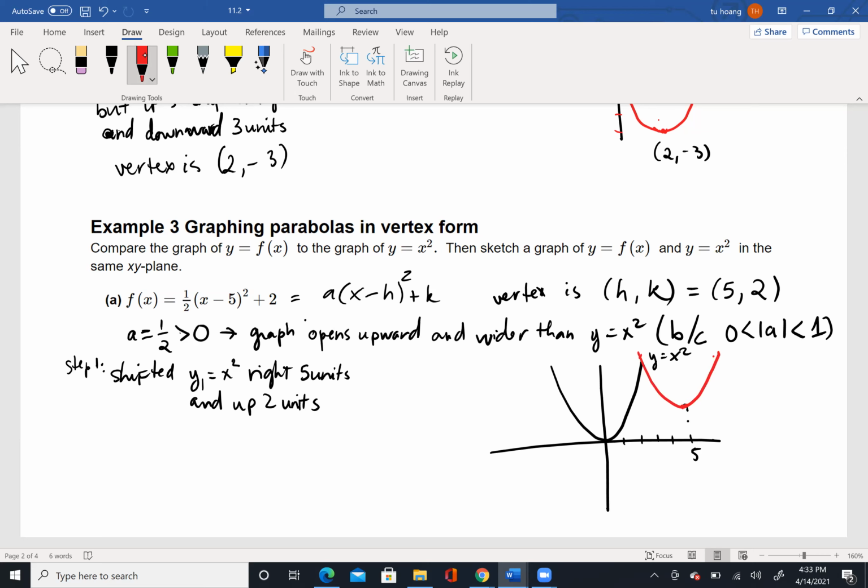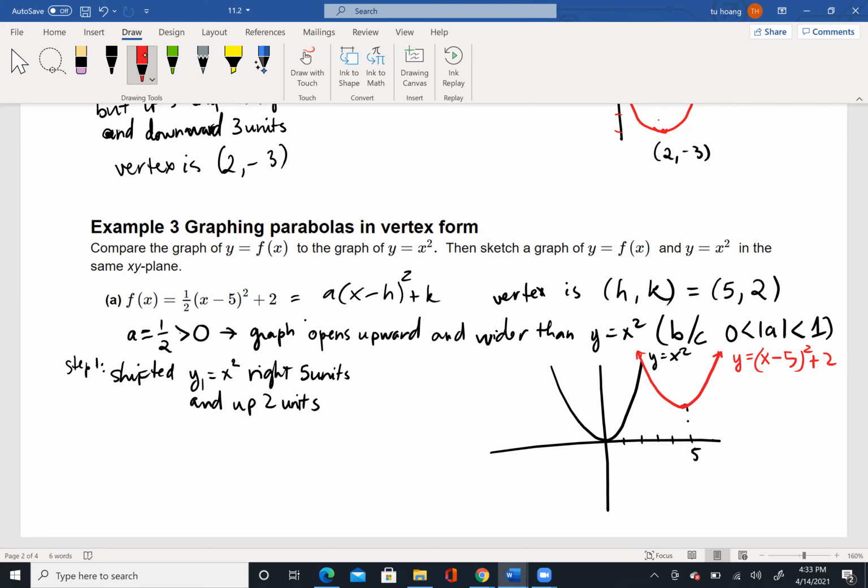This is the one where I have shifted right 5 units and up 2 units. That's going to give me a function: y equal to (x minus 5) squared plus 2.